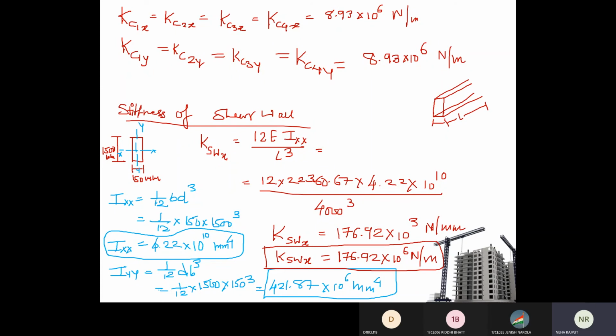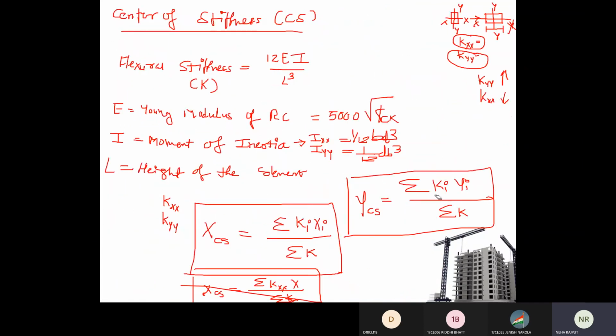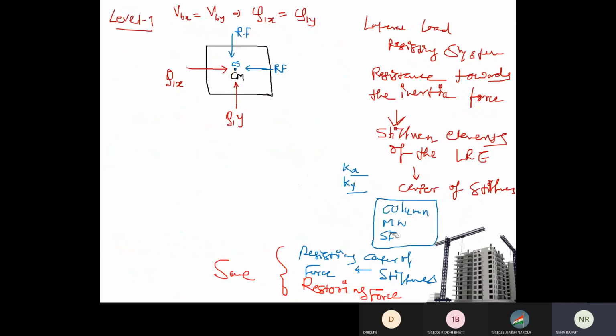This will be the thickness and height. Right, so what do you take in the cross section? Length and height. But don't consider masonry because masonry won't be considered for the stiffness calculation. So here also just remove this masonry part.